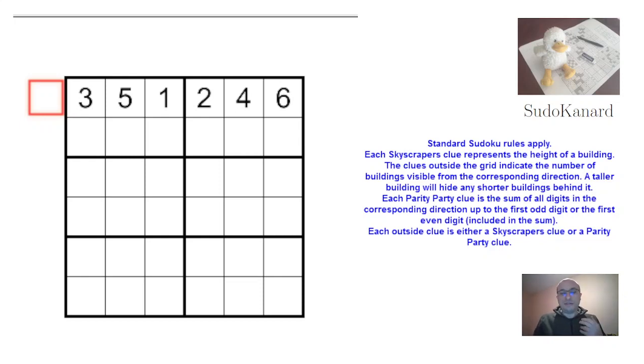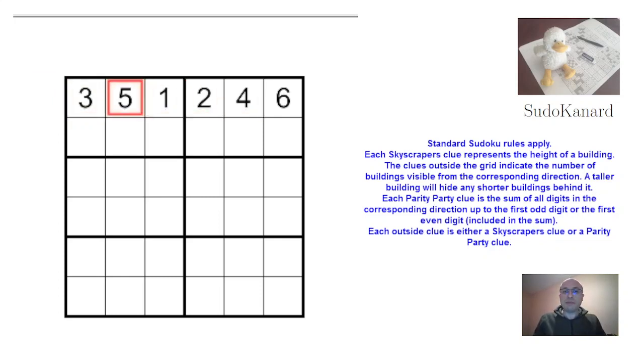And you also put a number in the margin, but this number is the sum of all digits until you meet the first odd digit or the first even digit. So for every row or column, nothing else, there are 2 possible totals.